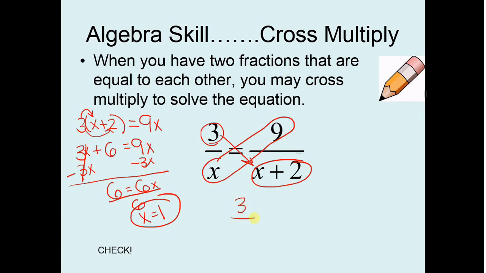So it's going to be 3 over 1 equals 9 over x plus 2, 1 plus 2, 3. 3 over 1 equals 9 over 3, which simplifies down to 3. So 3 equals 3. That works out. I have checked my solution. Please do not forget to check. You will get possibly 3 answers. Only one of them may work. So be very careful, okay?